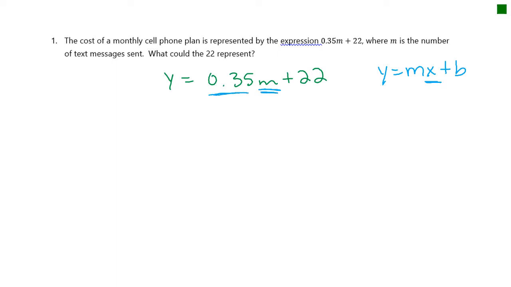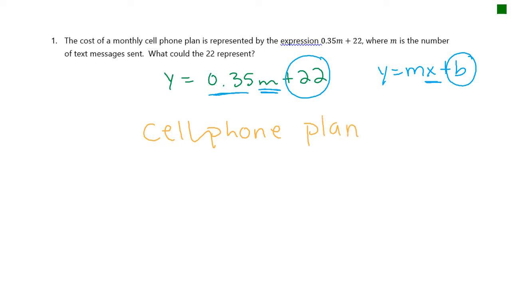So 35 cents per message. Do we know how many messages we send? No. That's why we have the letter M. What do you guys think 22 means? If this has to be b, and I told you it's the number where you start, well, maybe that just means that is the total monthly cost of the cell phone plan. So you're always going to start with the cell phone plan.